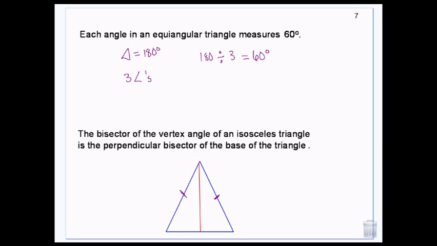Well, okay, we're going to pretend I'm in the middle. And so I've bisected this angle. So that's the angle bisector. Whenever that happens, we're going to get a perpendicular intersection, and it's going to make these two parts equal length.